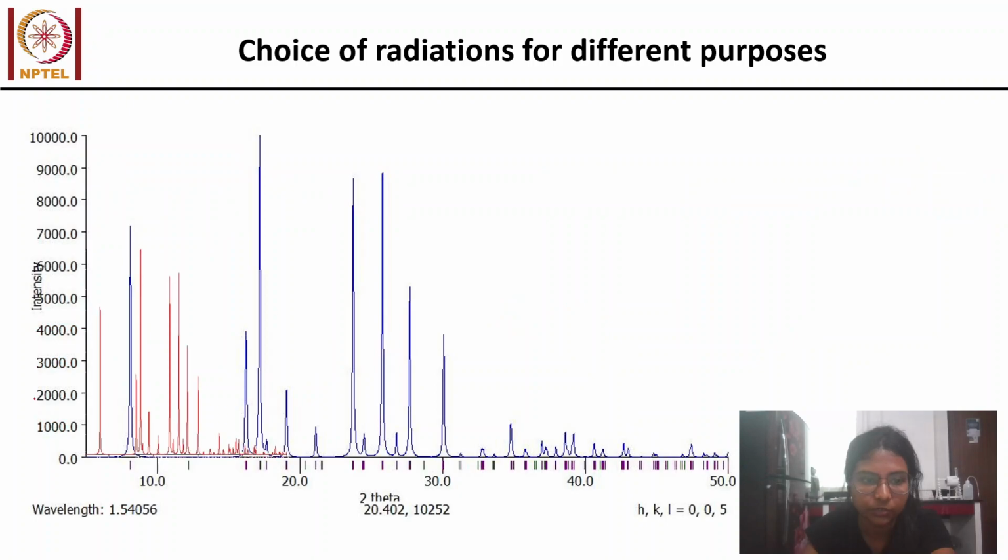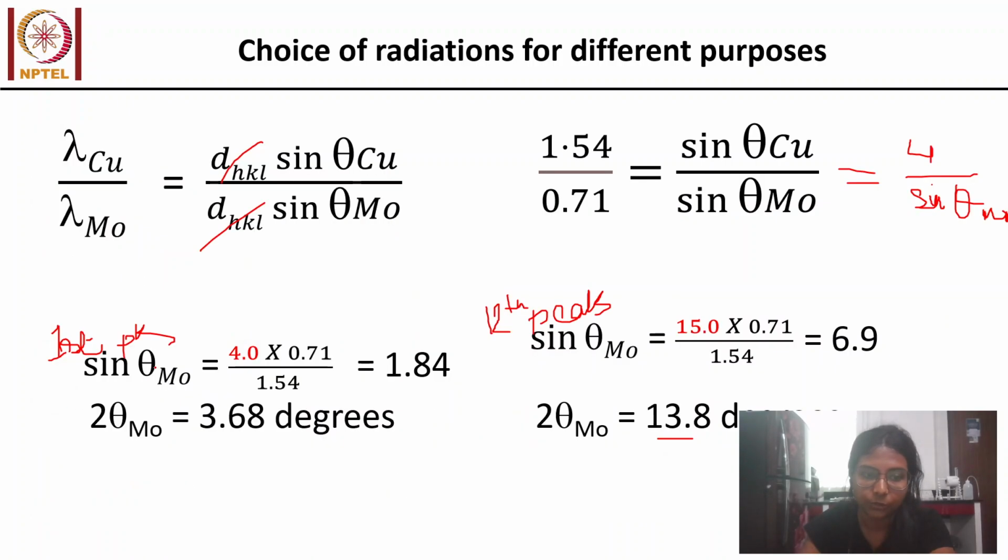So what will the PXRD pattern look like? The PXRD pattern will look somewhat like this. All the peaks will come very close to each other, and then the problem is that it will be difficult to distinguish between the peaks when we are trying to compare the PXRD pattern of one polymorph with the other.